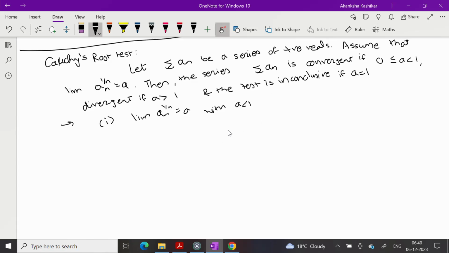What I know is a is less than 1, so I can always have another real number alpha between a and 1. It could be a plus 1 by 2. So choose alpha such that a is less than alpha.